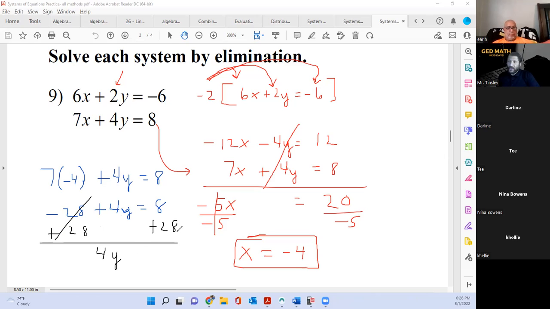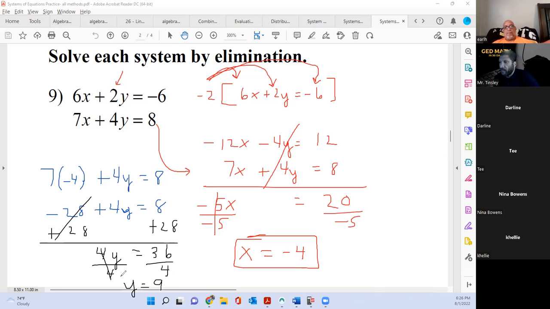We bring down the equal, and 28 plus 8 is what? 36. In order to get y by itself, we must divide both sides by what? 4. The two 4's cancel on the left side. We get y is equal to, what's 36 divided by 4? 9.